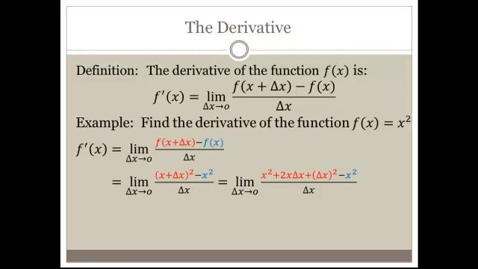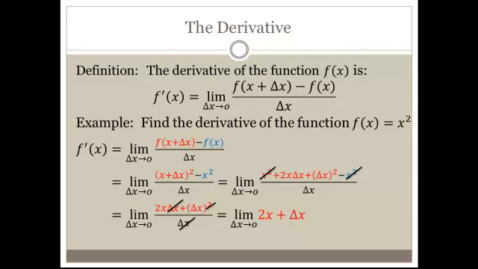But now our numerator has both x squared and minus x squared. So these cancel each other out, and we're left with the limit as delta x goes to 0 of 2x delta x plus delta x squared all over delta x. But we can reduce this fraction because the top is divisible by delta x as well as the bottom.